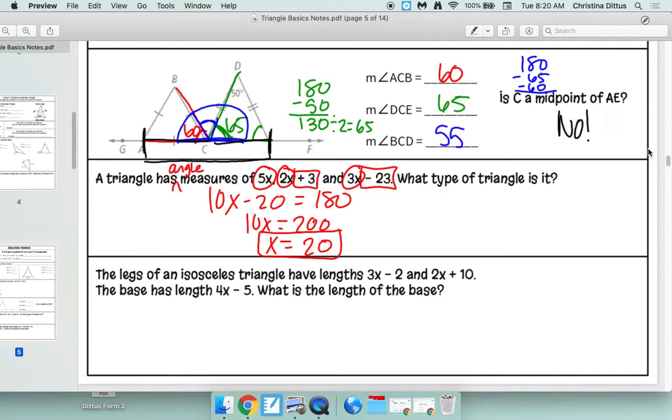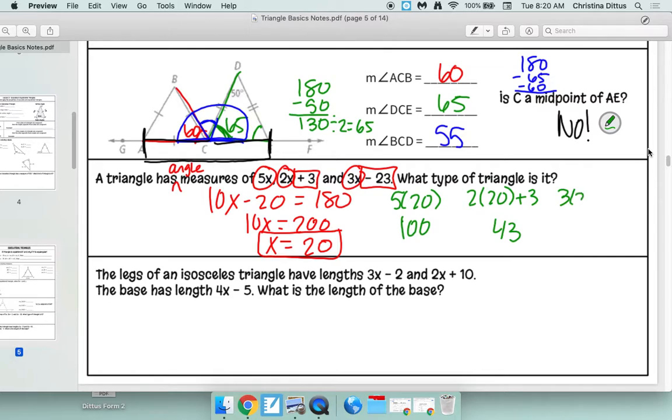So the fact that x is 20, does that answer the question of what type of triangle it is? No. I gotta plug x back in here to figure out what kind of angles I have. So 5 times 20 gives me how much? 100. And then we got 2 times 20 plus 3 gives me 43.